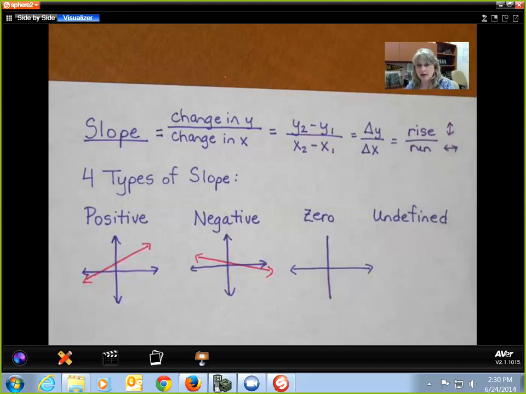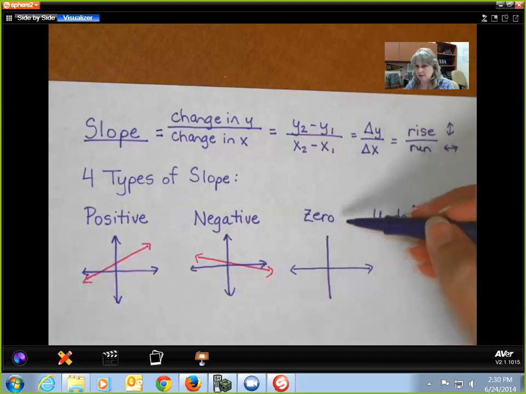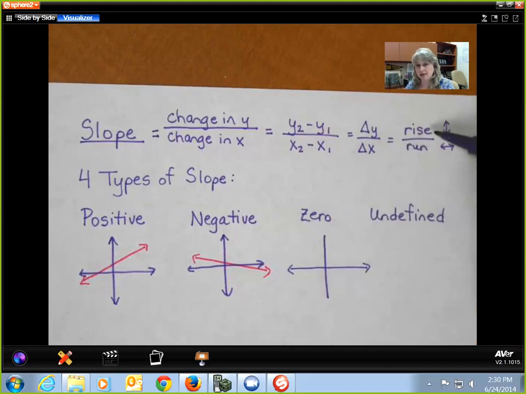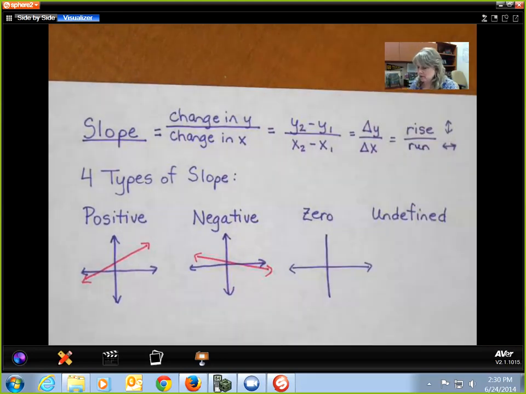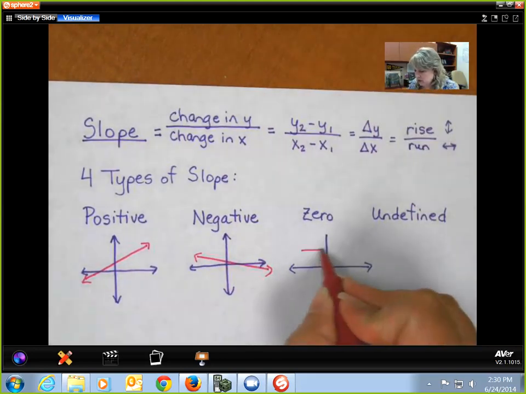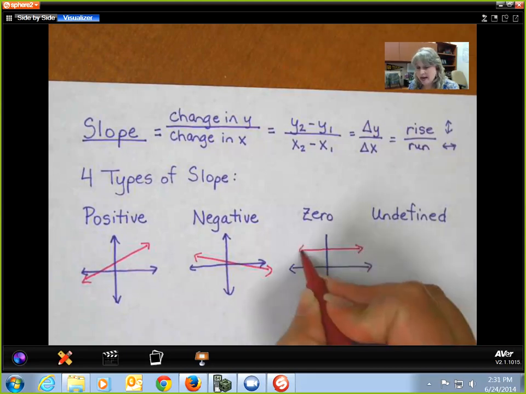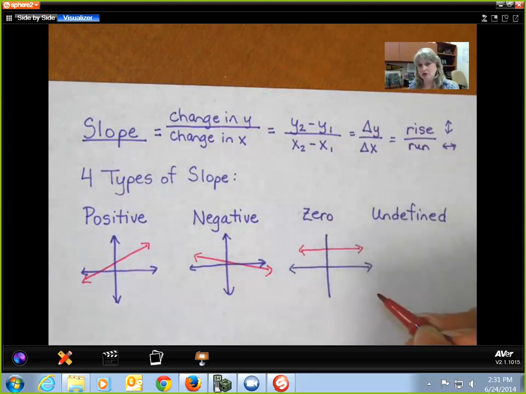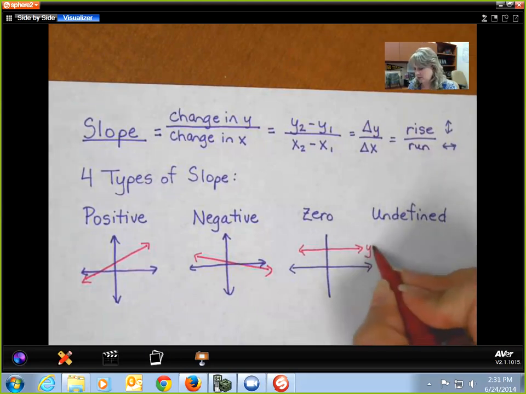So the only way to get the number zero is if you have zero on the top. So it means it's not rising at all, but it has to have run. So if it has zero slope, that means the line is horizontal. And you'll recognize it because in an equation, you won't have x's and y's. You'll just have y equals some number value.